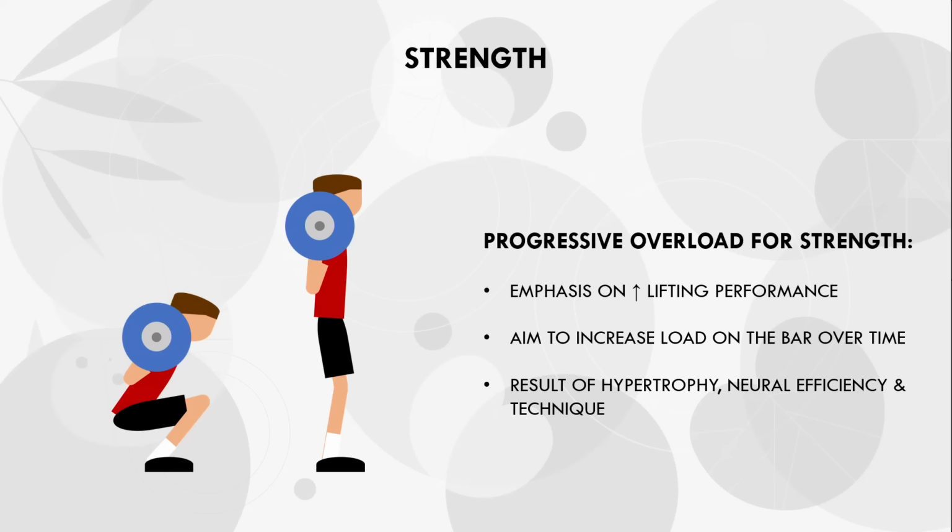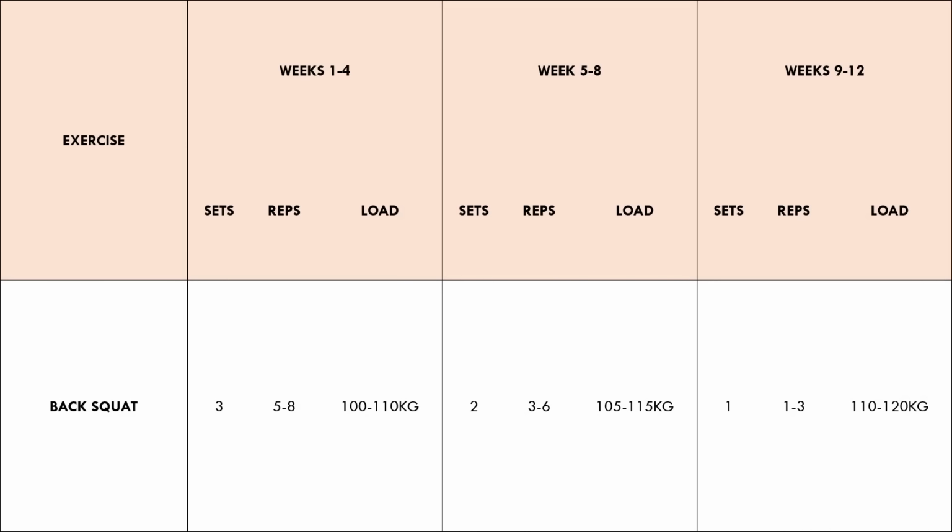For example, let's say a trainee wants to get stronger at the back squat. Over a 12-week period, a training program may look something like this. As we can see here, the lifter intentionally increases the load lifted and works in lower rep ranges across the 12 weeks. Furthermore, the lifter trains with a higher volume, as calculated by number of sets, in the earlier stages of the cycle and drops volume at the expense of intensity towards the end of the cycle.